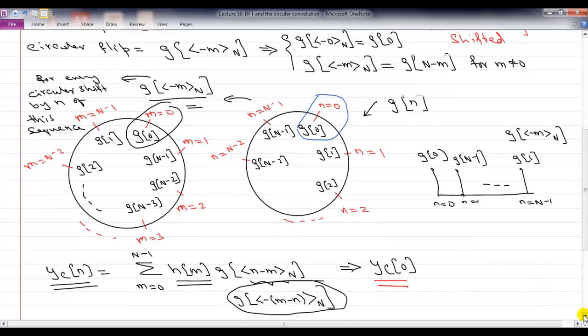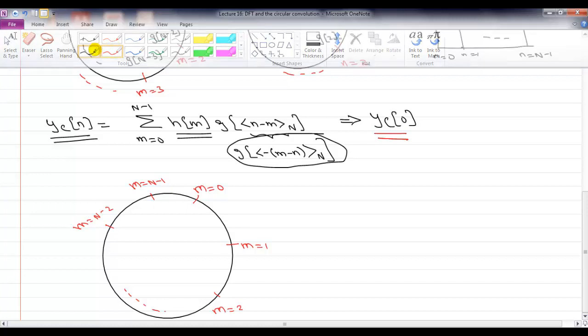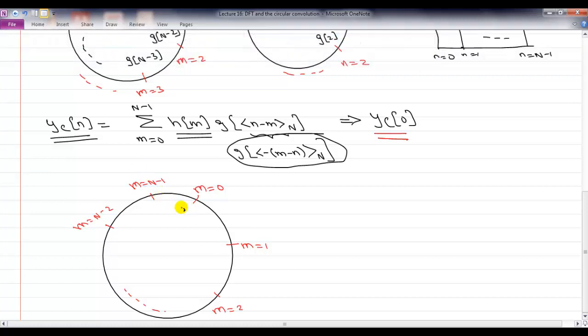Now going back to the original circle, what we have is at m equals 0, we are multiplying h0 with g of minus 0 mod n, so that is g of 0. We are multiplying that with h of m, so we get g of minus m mod n being multiplied with h of m. So at m equal to 0 we get h of 0 and g of 0.